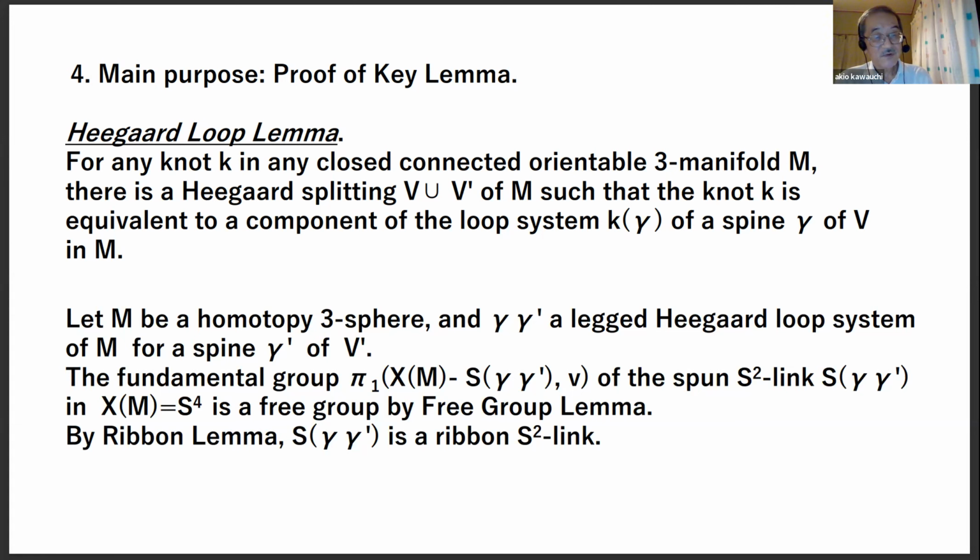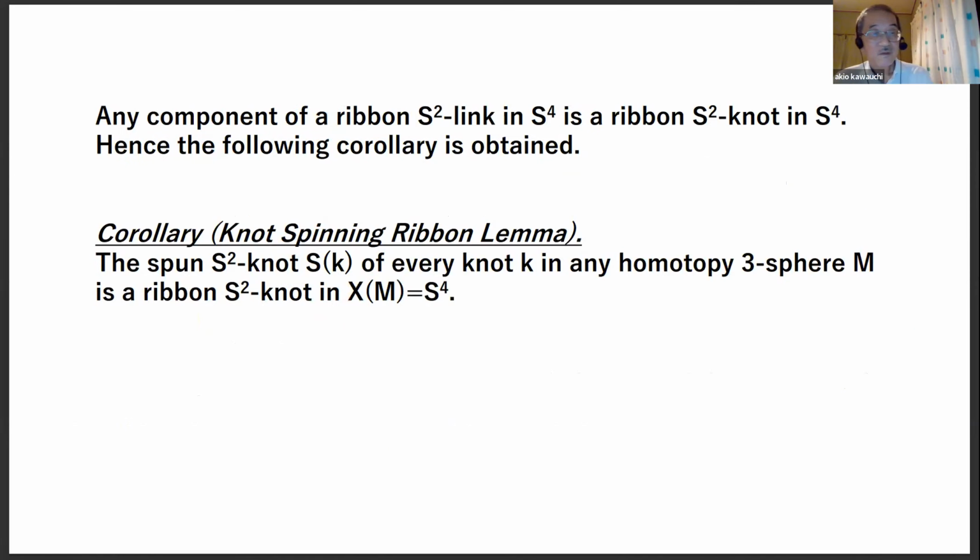So by the ribbon lemma, S gamma' is a ribbon S2 link. Any component of a ribbon S2 link in S4 is a ribbon S2 knot in S4. Hence the following corollary is obtained, called the spinning ribbon lemma: the spun S2 knot SK of every knot K in any homotopy three-sphere M is a ribbon S2 knot in X_M.